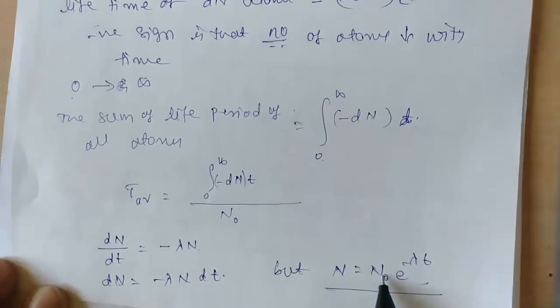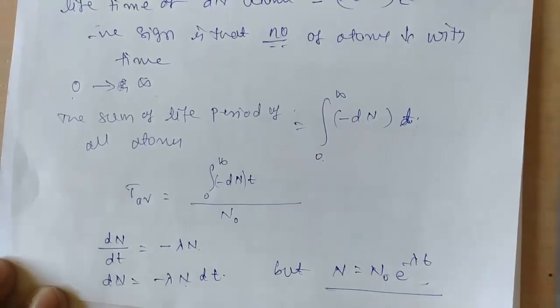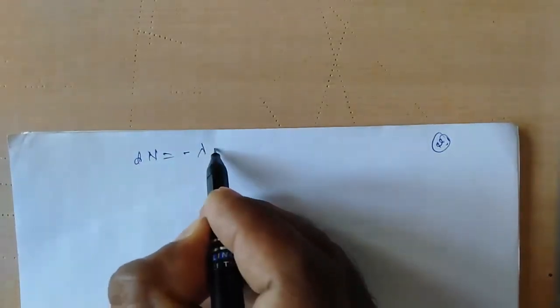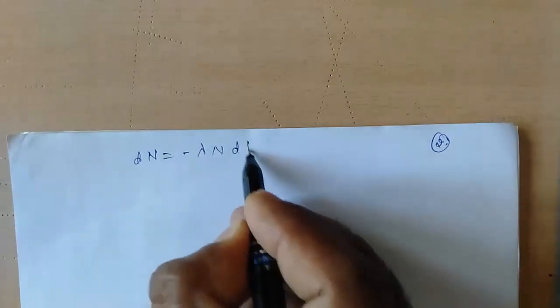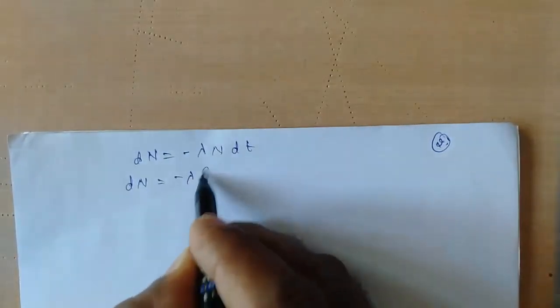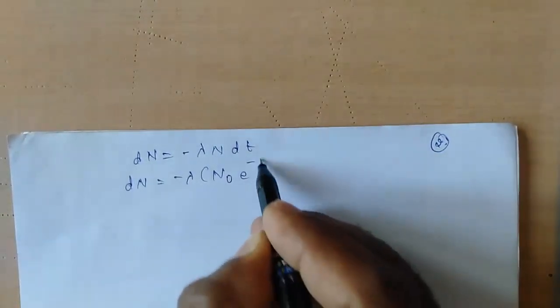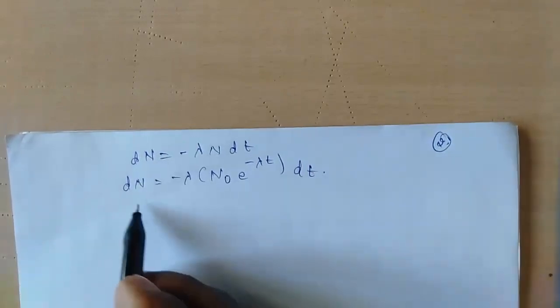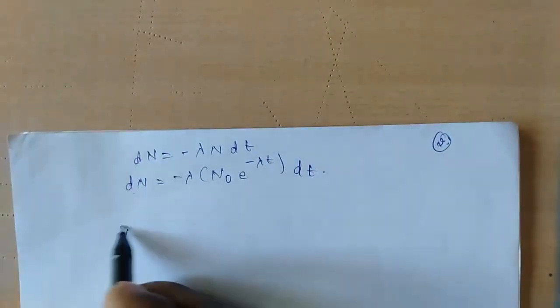Now substitute the value of N in this equation: dN is equal to minus lambda into N naught e to the power of minus lambda t into dt.